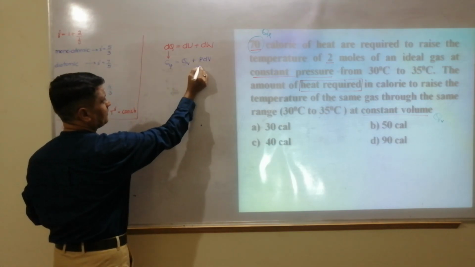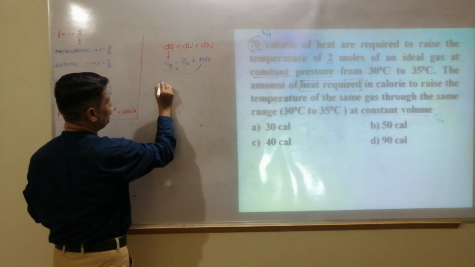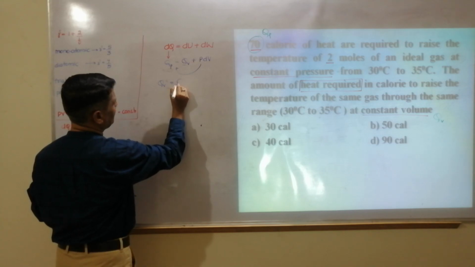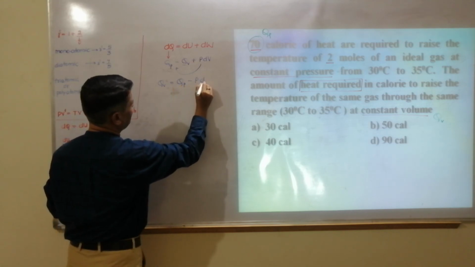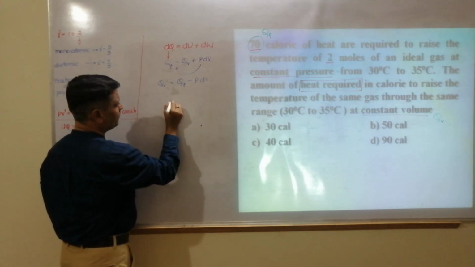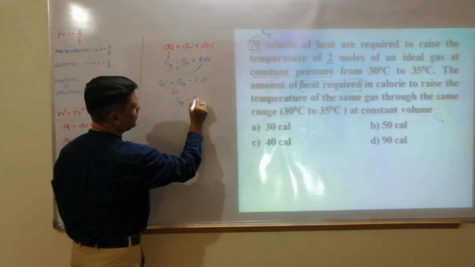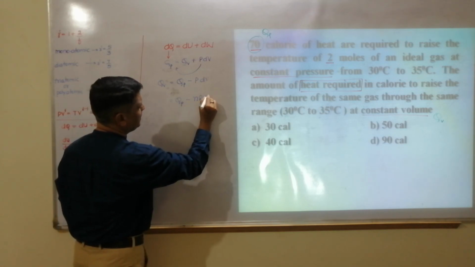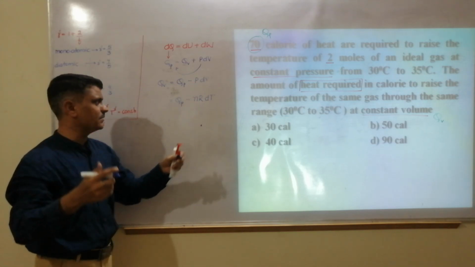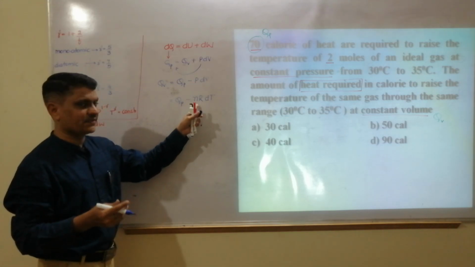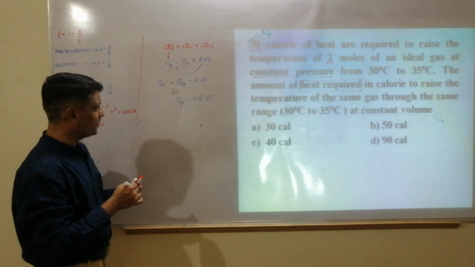Today we want QV, so bring this P dV to this side, then QV is equal to QP minus P dV. P dV is nothing but nR dT. This kind of relations we have taken in the previous topic as well as in previous videos in this present topic, right?